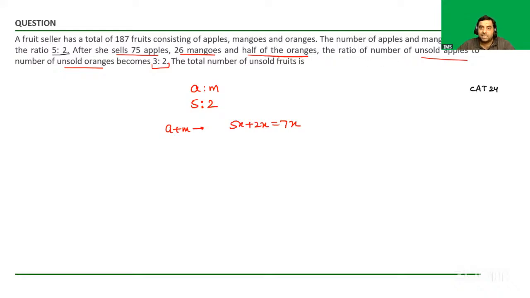Because it says half of the oranges are sold, if I have to solve a question, I always think, since half is sold, I need to keep myself away from the fraction. So I'll assume that the number of oranges is 2y.